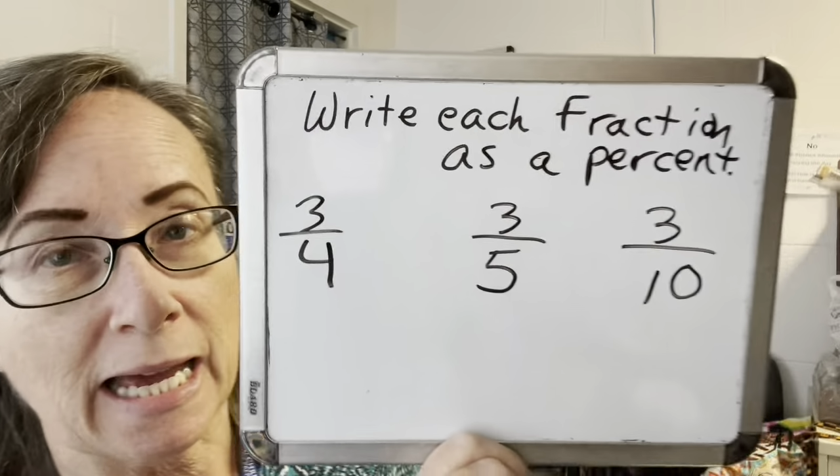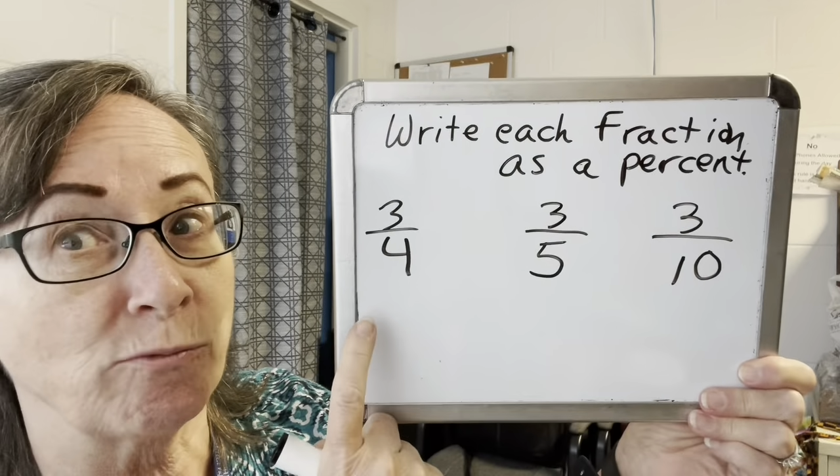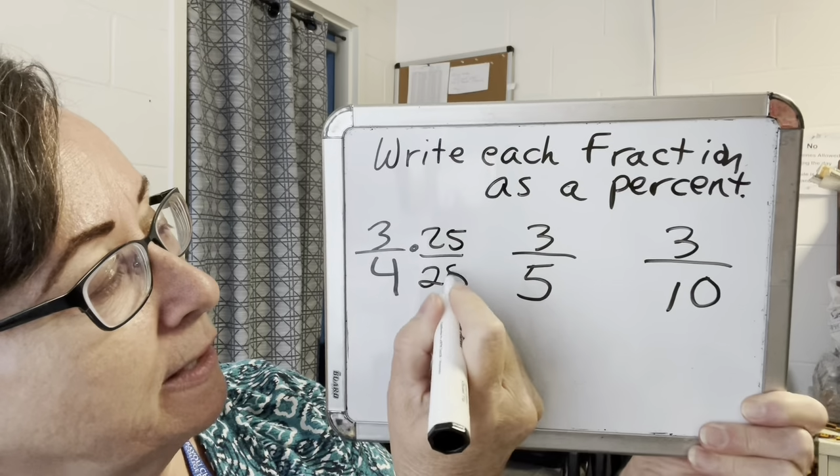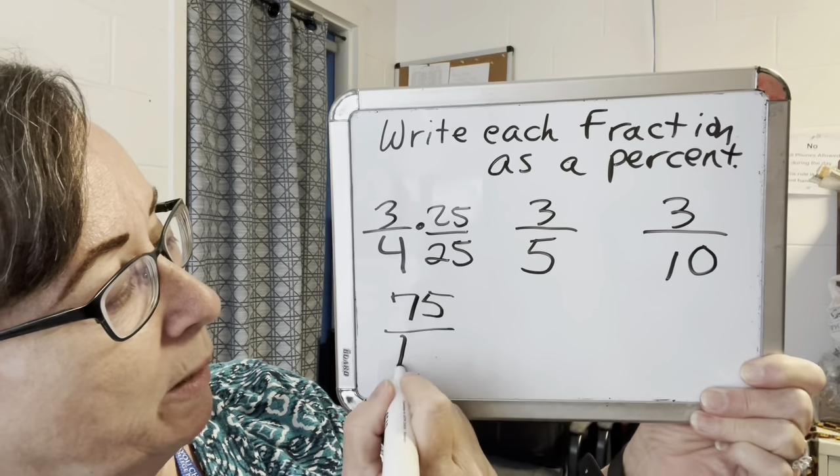Our first step in changing to percent is to make sure we have 100 in the denominator. What would we have to multiply 4 by to get to 100? Well, the answer is 25 because there are 4 quarters in a dollar. So we're going to multiply by 25 over 25, which gives us 75 over 100.